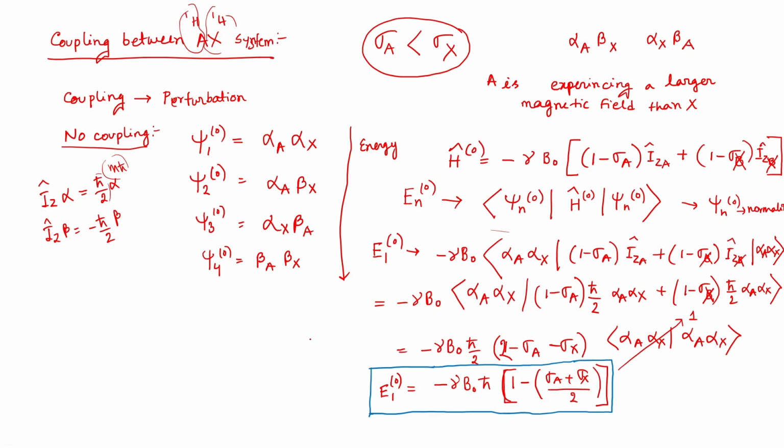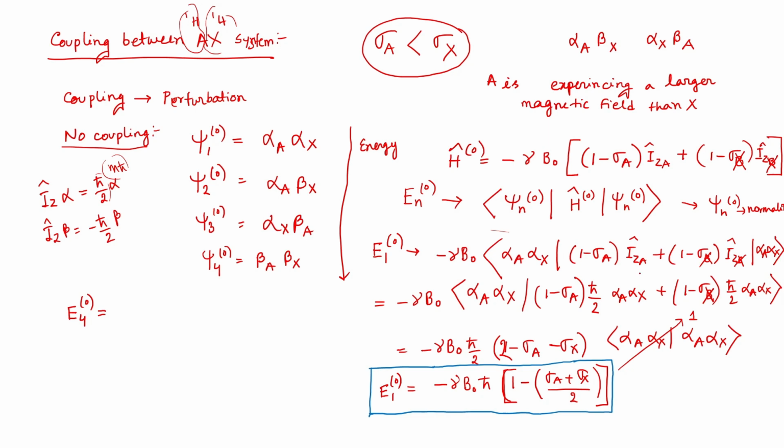Okay. This is E_1. So what do we expect for the energy for the fourth state? So instead of α_A α_X, we are going to have β_A and β_X. So you can understand all of these are going to be the same.